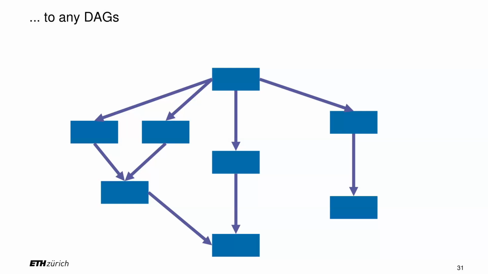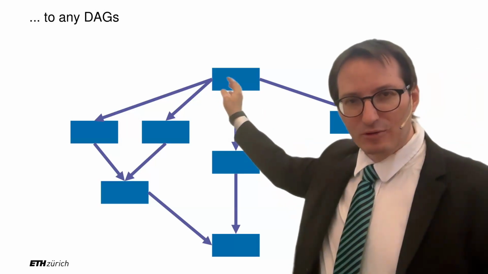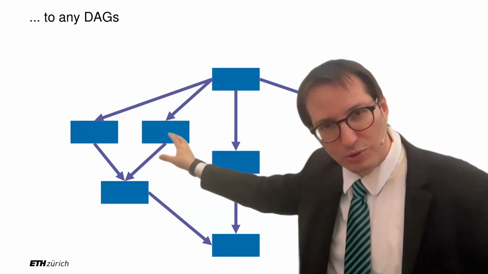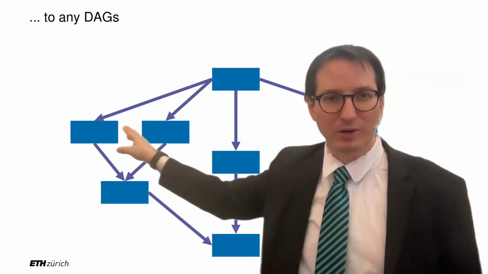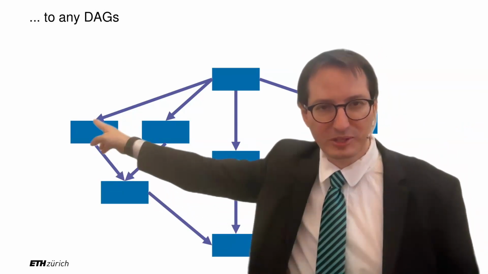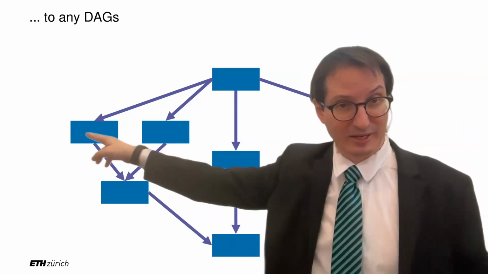So this is the reason. But the difference with MapReduce is that you might use the same intermediate data multiple times. You might use this to compute something here, and also here, and also here. And the other way around, you might have some data computed based on two sources, right?